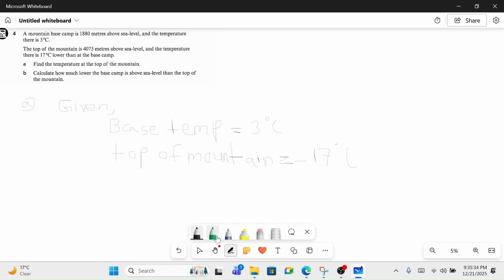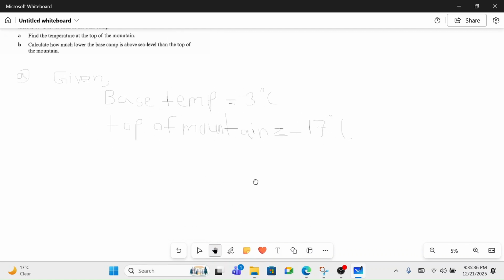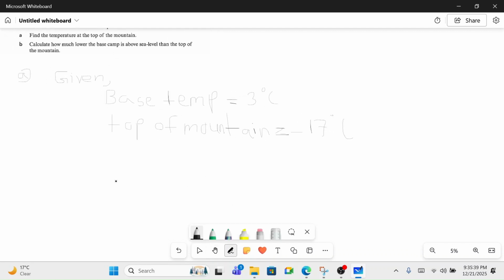Okay, now from our given information they asked to find the temp at the top of the mountain. So I'm just gonna give this M and I'm gonna assign this as B. Okay, so temp here equals B plus M. So 3 plus -17.